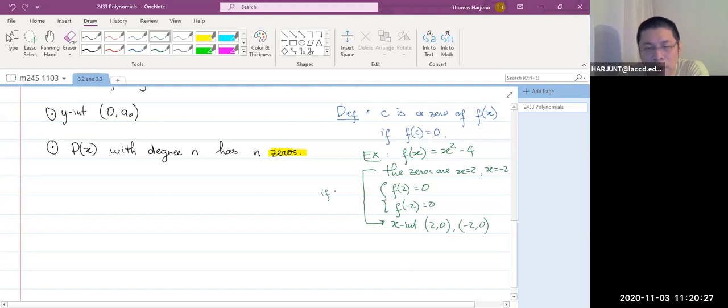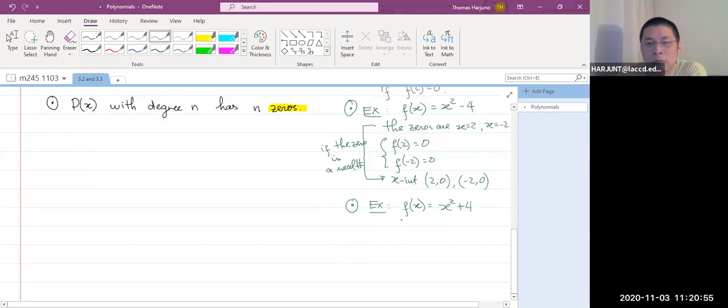If the zero is a real number, then it will translate into an x-intercept. Now, it is not always true that a zero must be an x-intercept. No, it's not always true. For example, if I have f(x) equals x squared plus 4, when I look for the zeros, I will get an imaginary number, plus or minus the square root of -4.